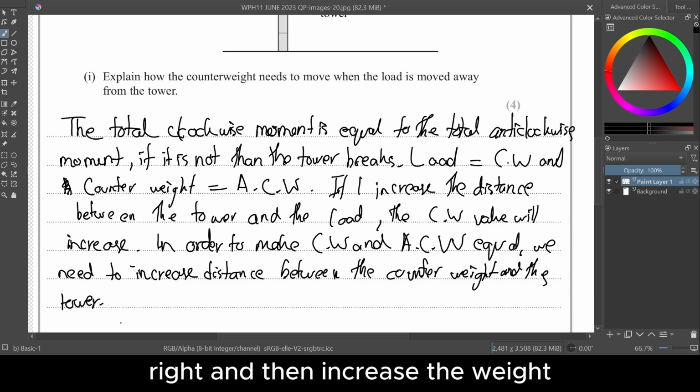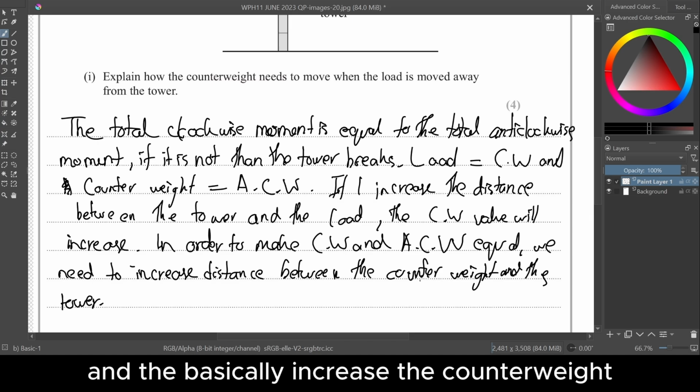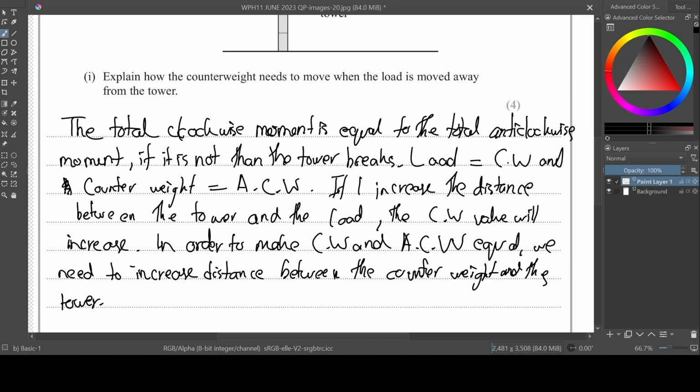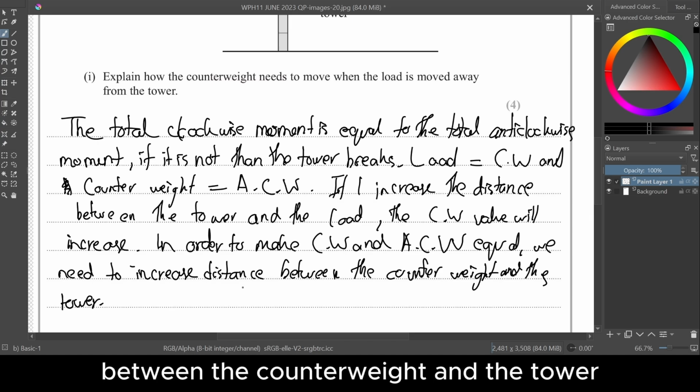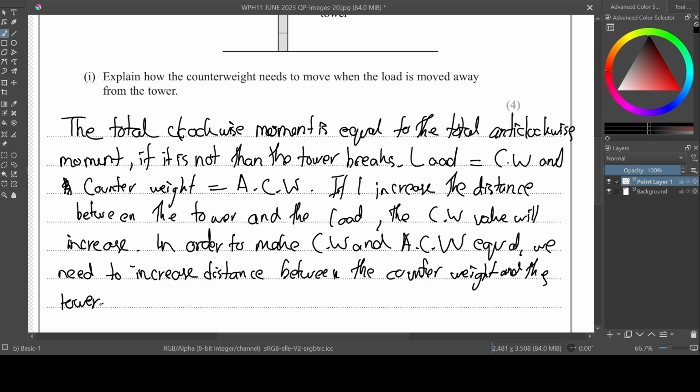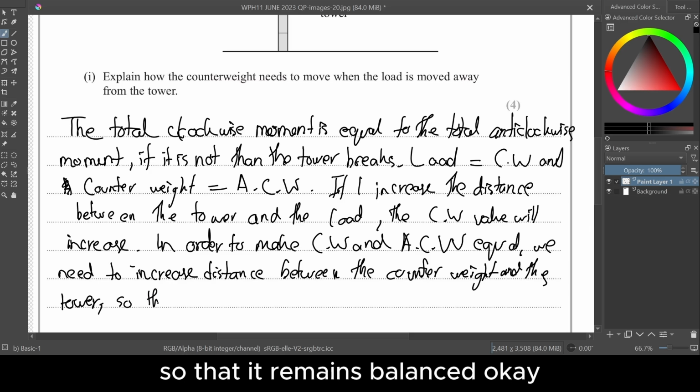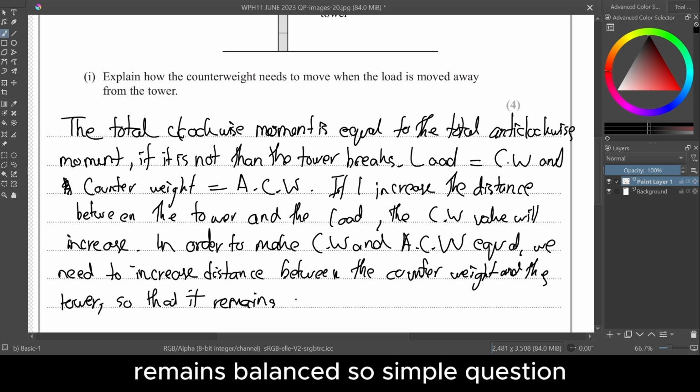So increase the distance between the counterweight and the tower so that it remains balanced. Okay, remains balanced.